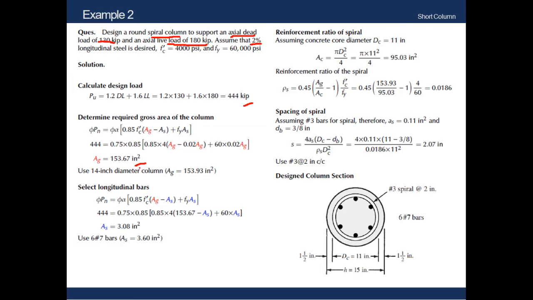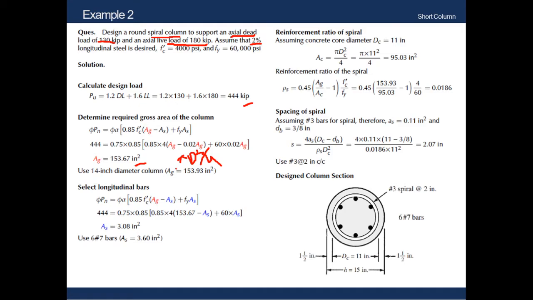Now, as we are asked to design the circular column, the formula for gross area should be pi d square by 4, as this is the formula for a circle. So pi d square by 4 should be equal to 153.67.